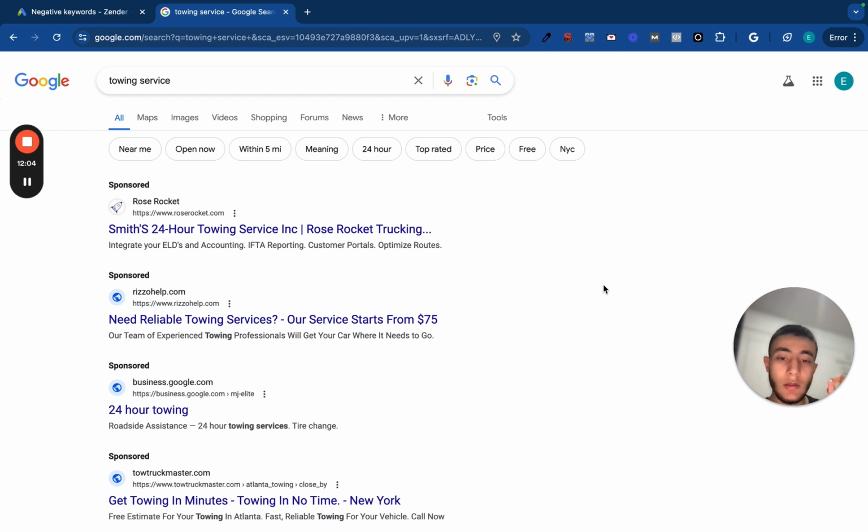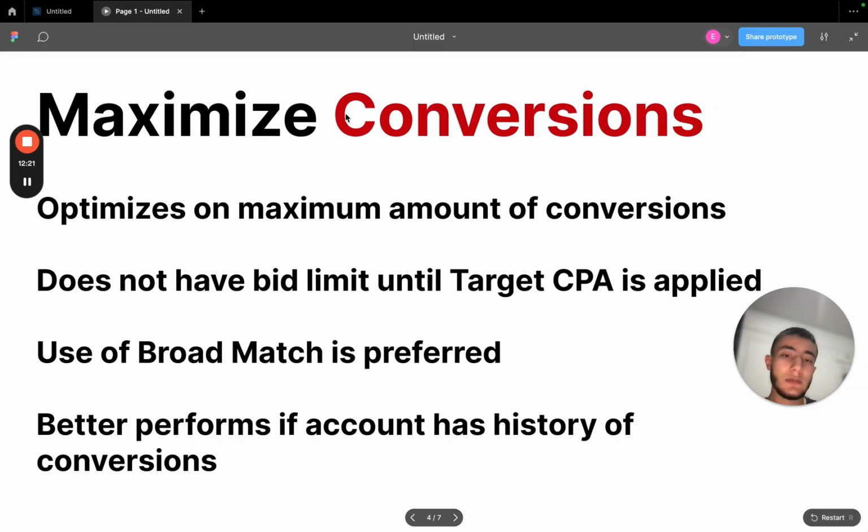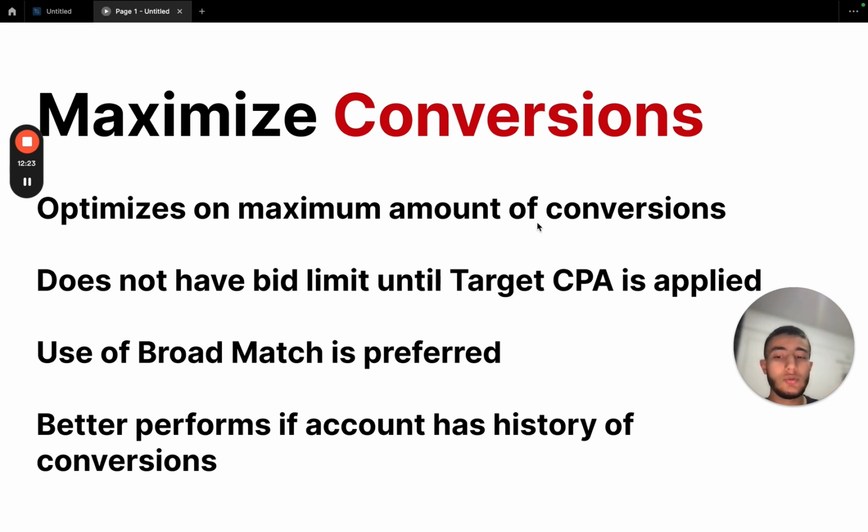So it's going to bid a lot more than your competitors, and your bid can go over the average, for example, $10 more or $20 more just to get that conversion. We don't want that. If you're using maximize conversions, use it with target CPA, or try to use it after you get some conversions and then switch to maximize conversions.